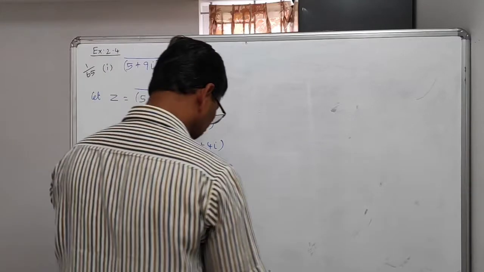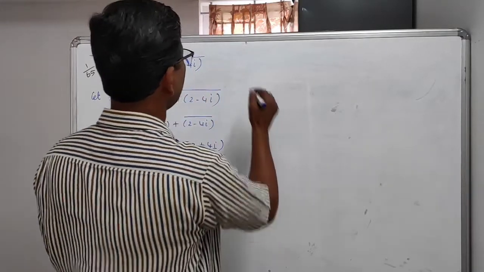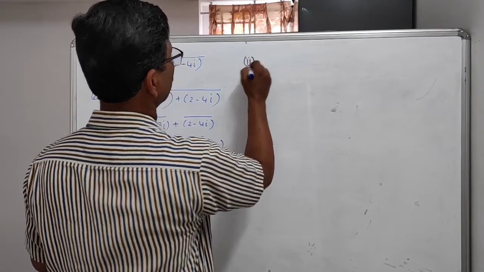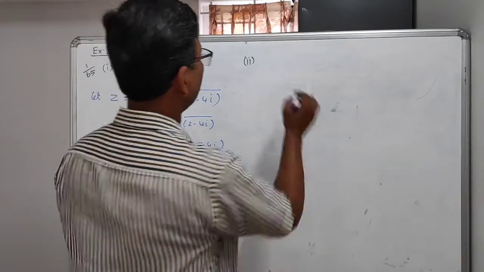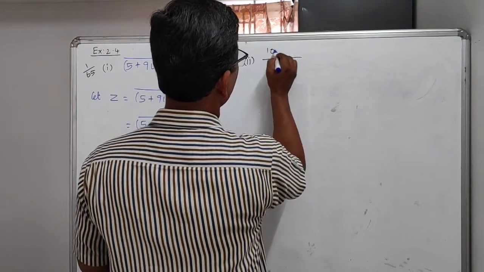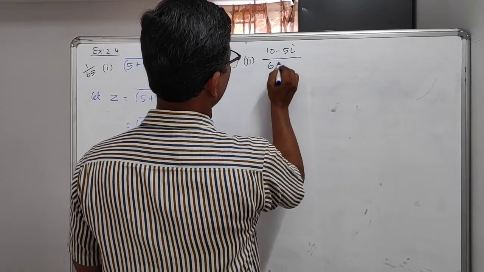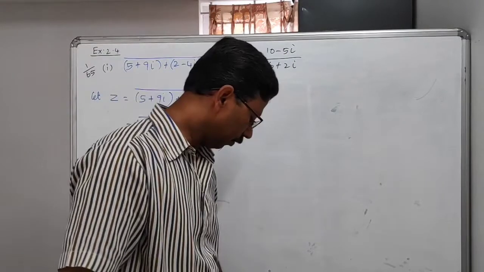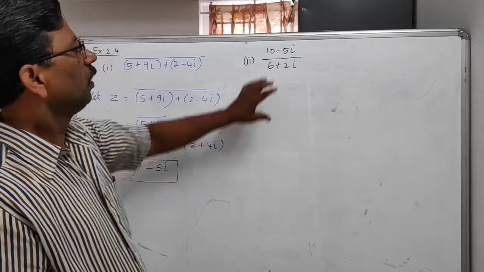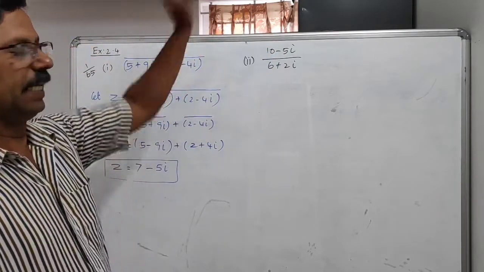Now let us see the second solution. The second solution is (10 minus 5i) by (6 plus 2i). Now this also can be brought into the rectangular form.